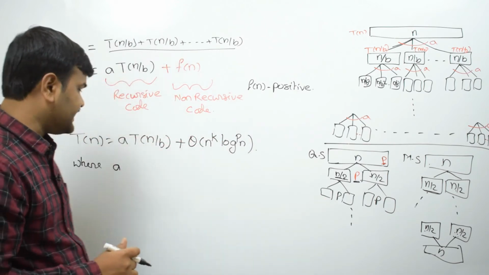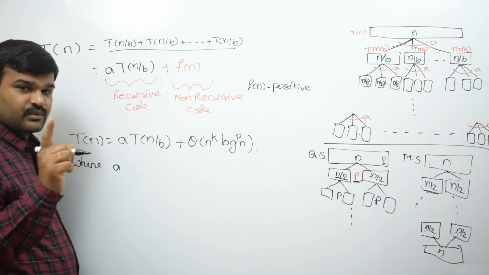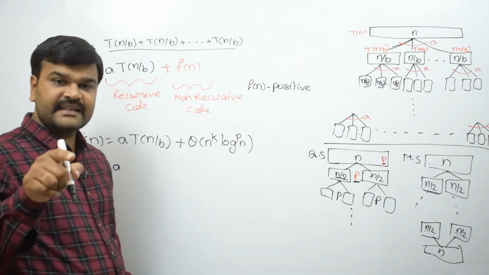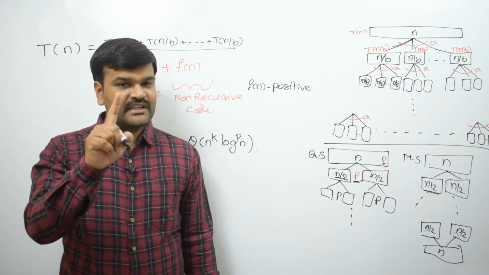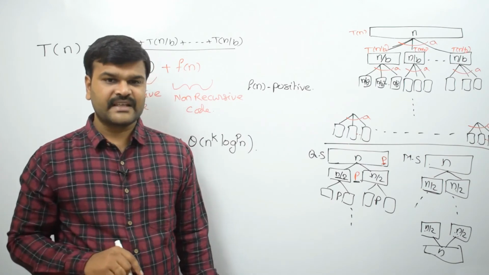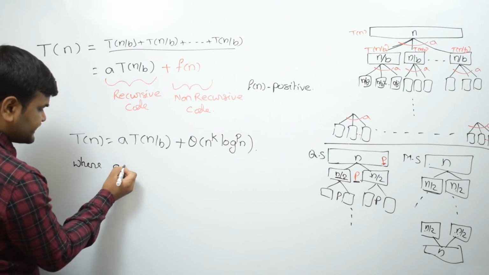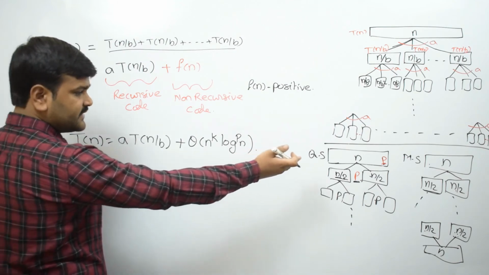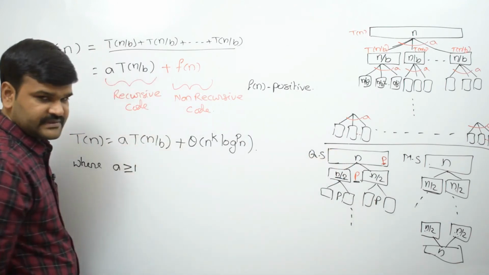That is why a is at least one, that means at least one subproblem must be there. In binary search, we have only one subproblem. That is why a is at least 1, or greater than 1 sometimes. Here you see you are going to have two subproblems.